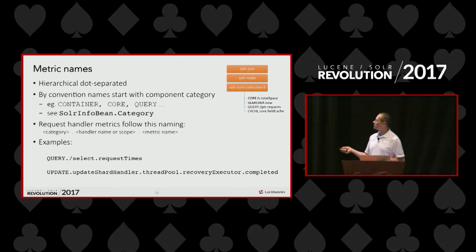Then we have the handler name or scope, and finally the metric name. So for example, we have the QUERY category. Under the query category, we know that this is the /select handler, which is the default query handler. And then we have the metric name, which is requestTimes. It doesn't have to be such a short name. As you can see here, we have the update shard handler, et cetera, which tracks a particular counter for the thread pool recovery executor.